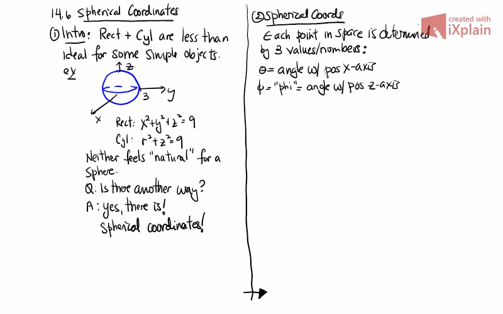These two together give a sense of direction. These give a direction from the origin. We'll see this in a second in a picture. And then we have this guy, rho, which is distance from origin.